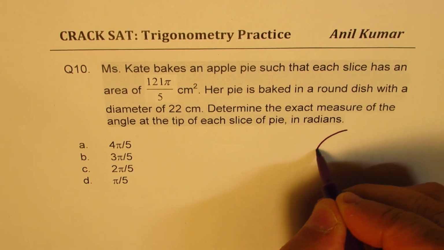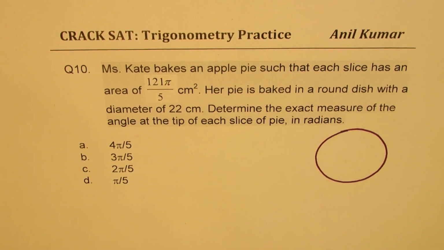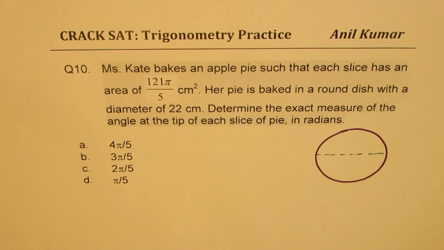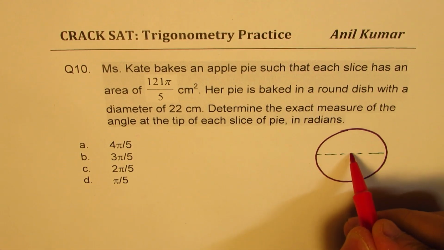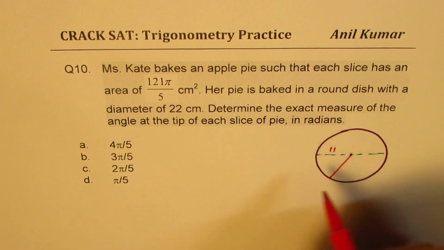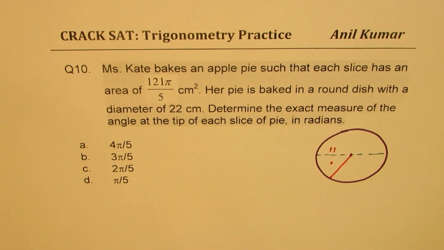Okay, so we are given a circle basically whose diameter is given to us as 22, right? Let us consider the sector. So the radius is half of that, which is 11. Let's say this is the sector whose area is given to us as 121 pi over 5, right?